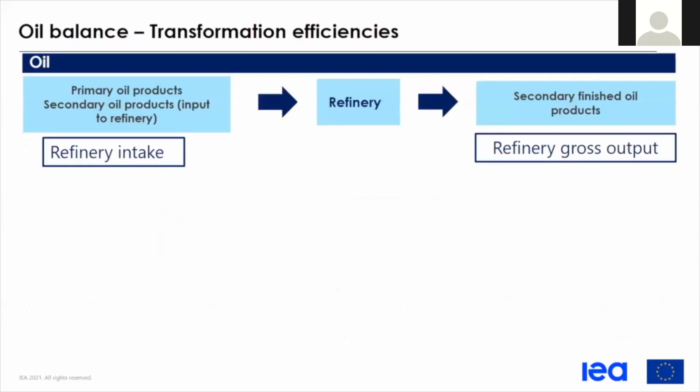So, if we have a look at how we can check our data and make sure it makes sense, one of the main things we pay attention to is the transformation efficiencies. When you take any transformation, here we'll be focusing on refinery, we check the outputs and the intakes of the refinery.